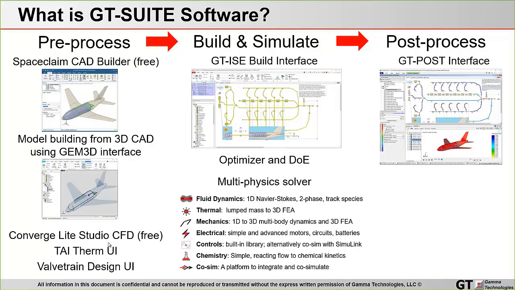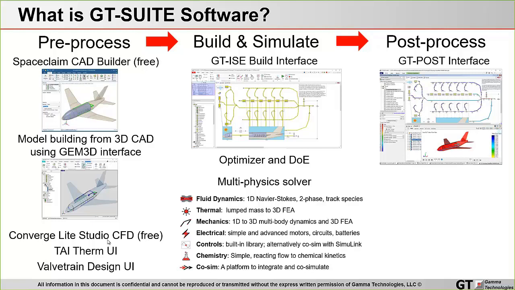And a light version of this is included for free with a license of GT Suite. There's also Titherm, which allows for very sophisticated thermal analysis of different types of scenarios. And then finally, there's a Valvetrain design UI that's also included in GT Suite for IC engine, primarily Valvetrain type simulation.